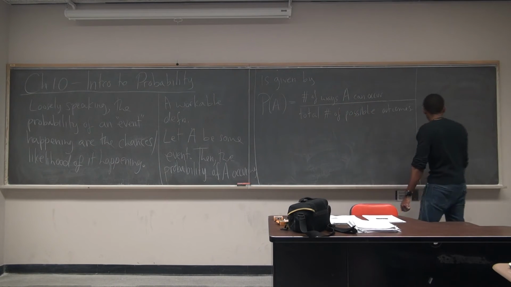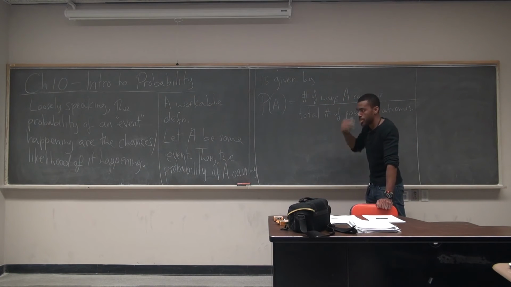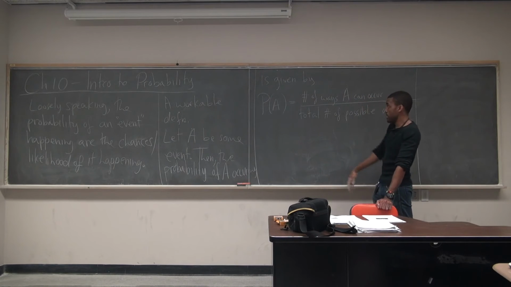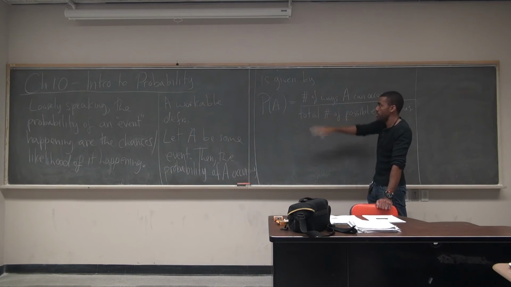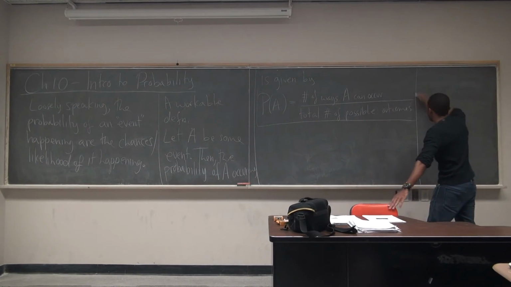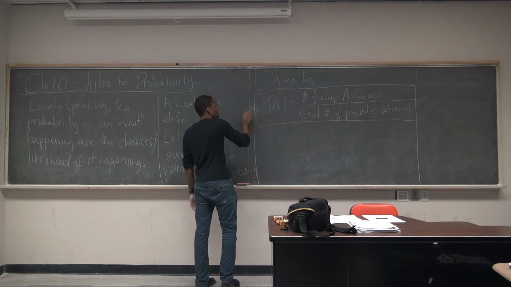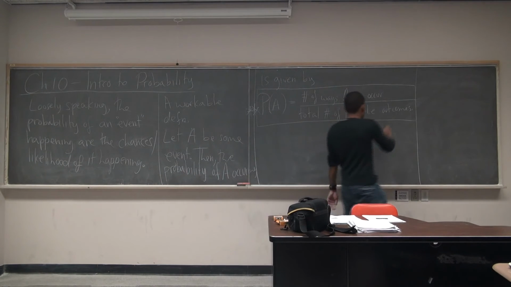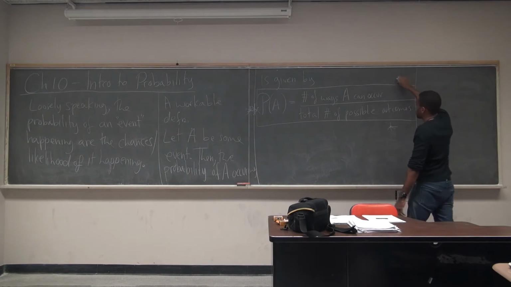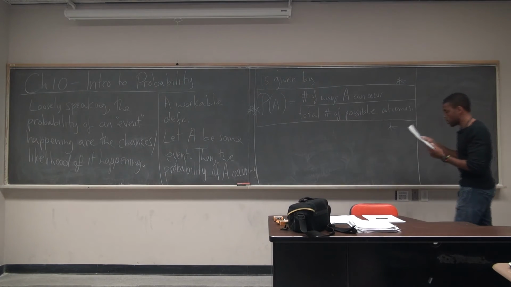So there are tons of ways to get to this number, sometimes by thought experiment, sometimes by actual experiment and taking statistics. But this is basically how you find the probability of an event happening. This equation is a very, very important equation to know. You'll be using it all the time, so you need to remember that. So that's a workable definition.